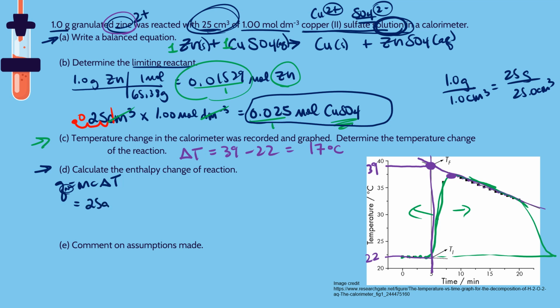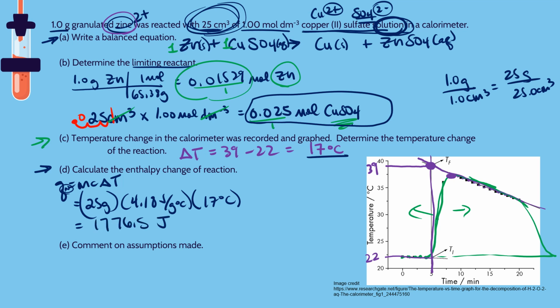So I'm going to use 25 grams as my mass because our volume is 25 and the density of water is 1 gram per centimeter cubed. Specific heat of water is 4.18 joules per gram degrees Celsius. And then our change in temperature is 17 degrees Celsius. So now we have 25 times 4.18 times 17, and that's going to give us 1776.5 joules of energy absorbed by the water.